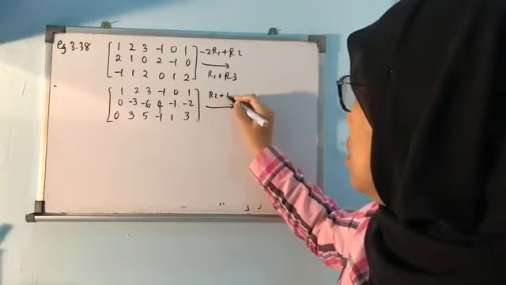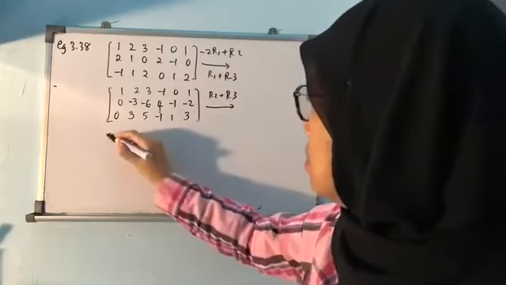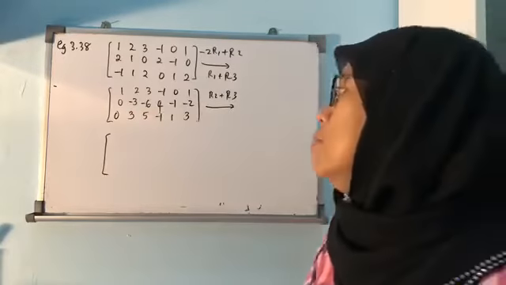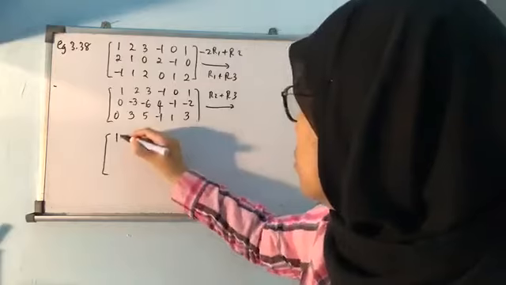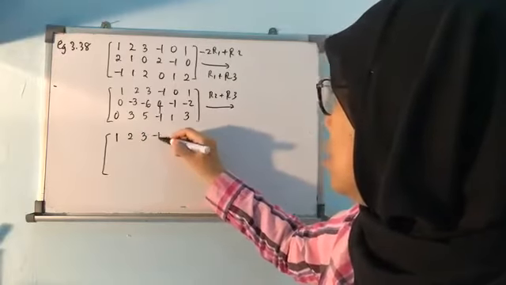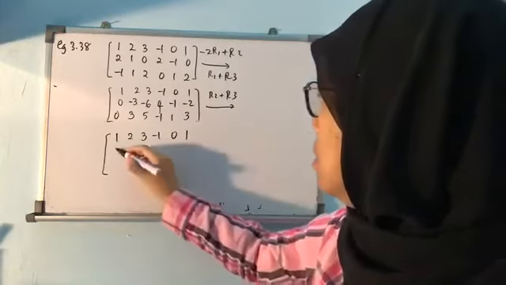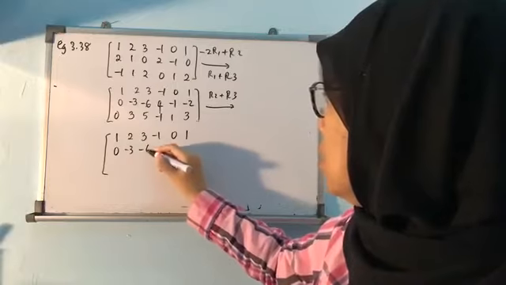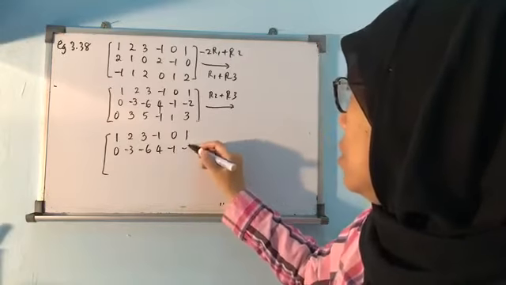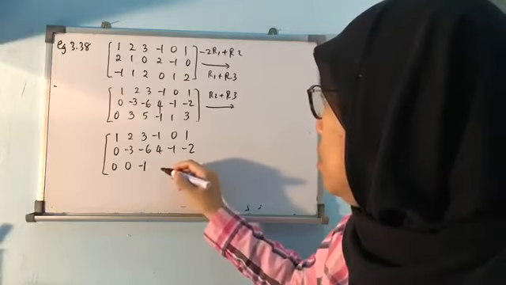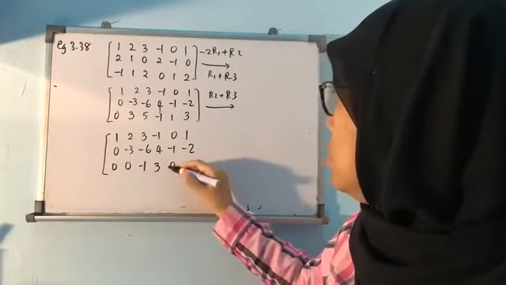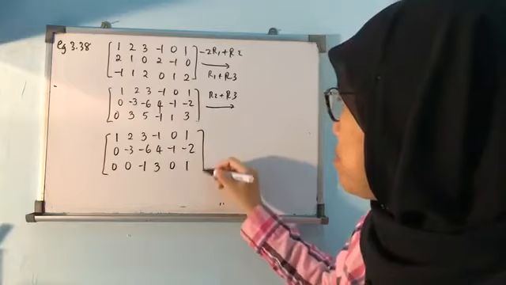R2 plus R3. If you make it 1/3, then you will get fractions. So 1, 2, 3, negative 1, 0, 1, 0, negative 3, negative 6, 4, negative 1, negative 2, 0, 0, negative 1, 3, 0, 1.